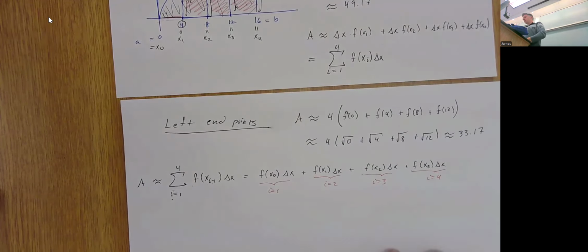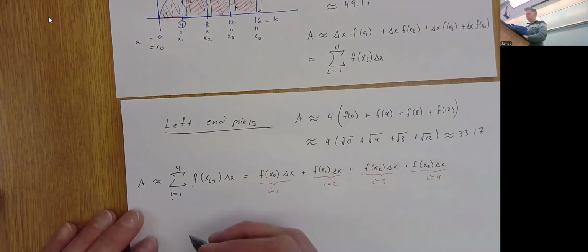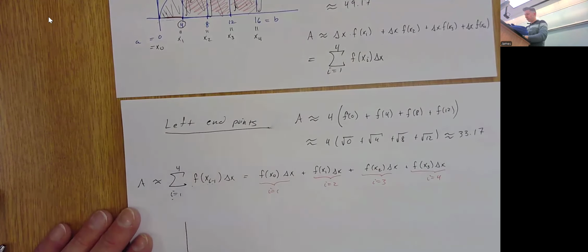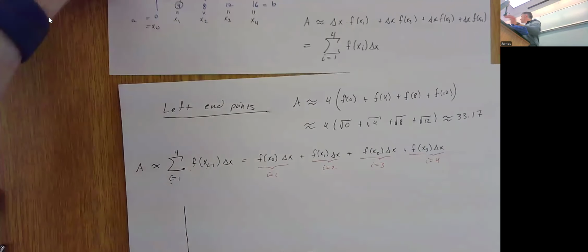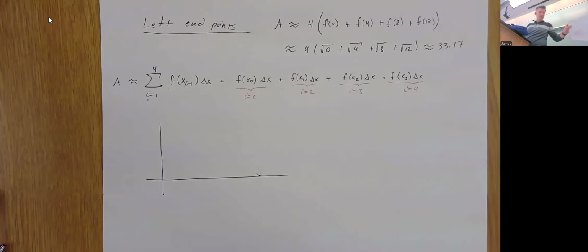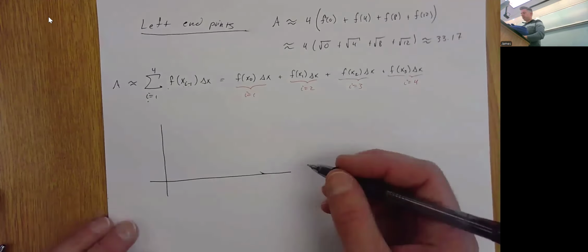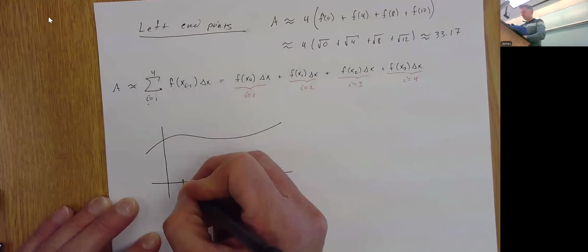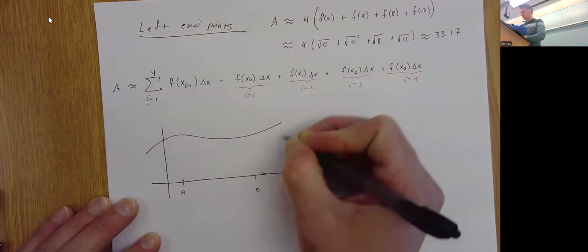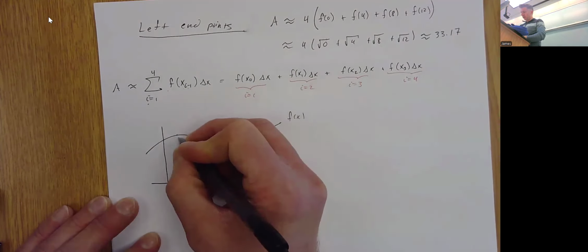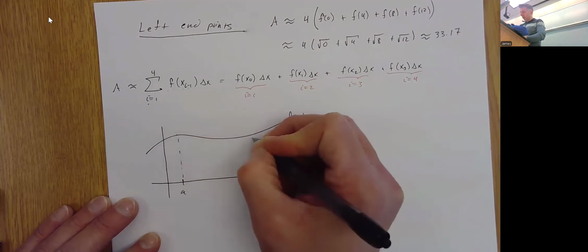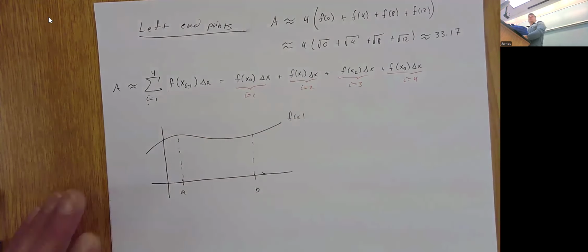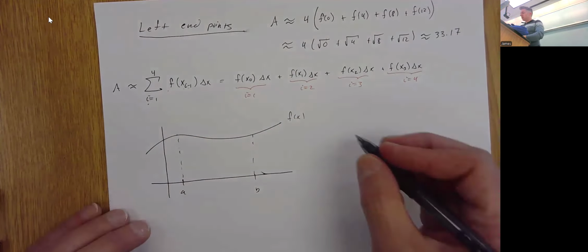So this is all to say that the idea that we're working towards is, if you have kind of any function, and we're trying to estimate the area. Again, we're still talking estimation for just a second.